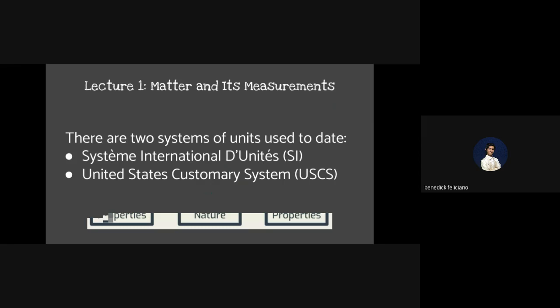So the only difference are some values when we are converting from one unit system to another, and also the names. For example, in SI unit we use kilograms. In USCS we use pounds, and so on. So the SI is also known as the metric system, and the USCS is also known as the English system.